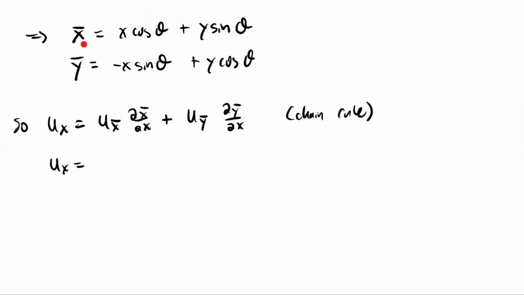Well, x bar is equal to x times cosine theta plus y times sine theta. The only thing that depends on x here is the first term. If I take the derivative of this term with respect to x, I just get cosine theta. So this is going to equal cosine theta times u_x bar. Similarly, the derivative of y bar with respect to x is equal to negative sine theta. So I'm going to get plus minus sine theta u_y bar.